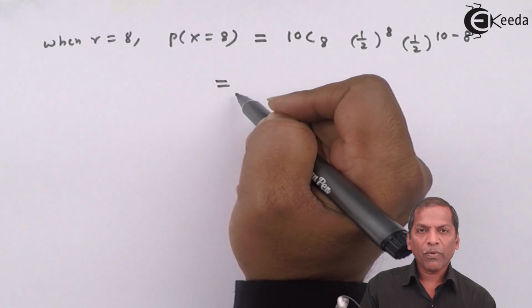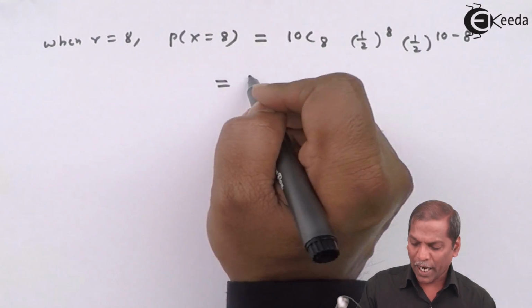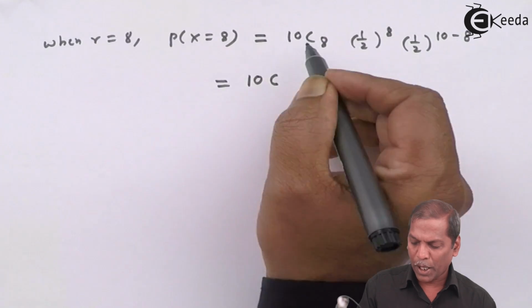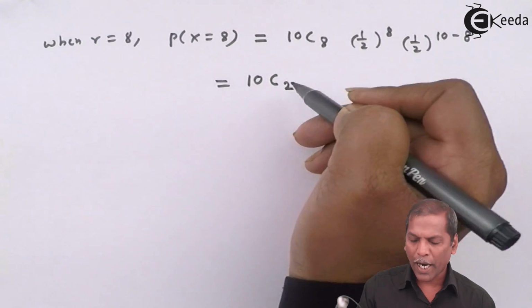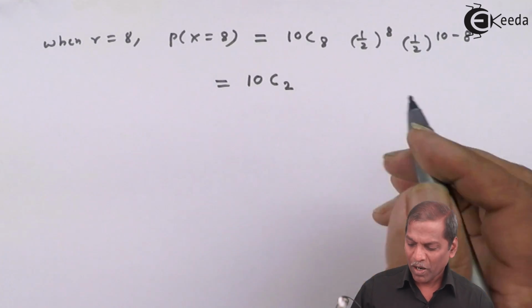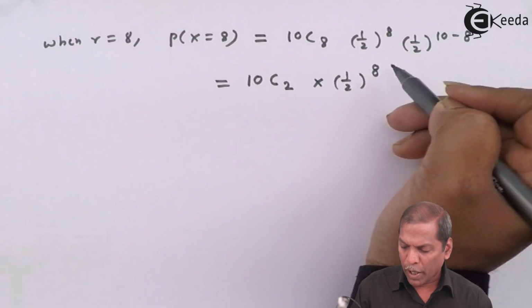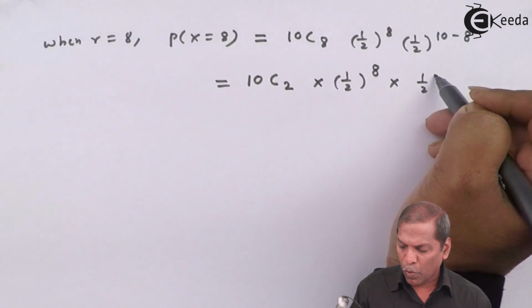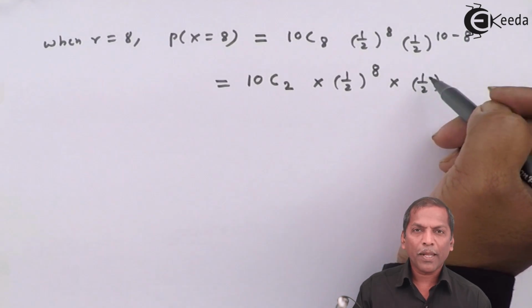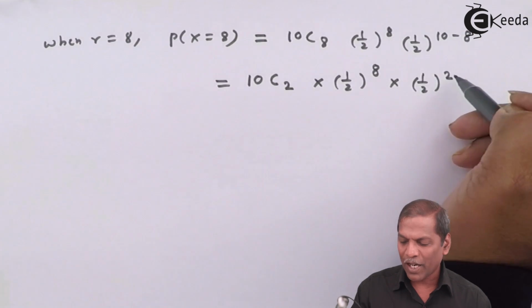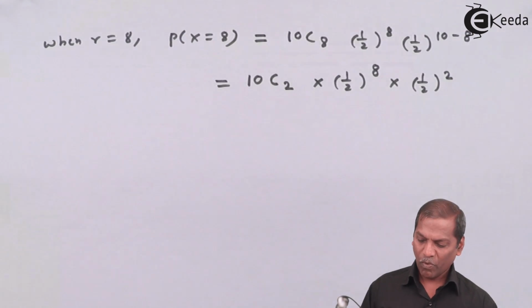So that is equal to, now 10c8 can be written as 10c 10 minus 8, so that gives 2, into 1 upon 2 raised 8 into 1 upon 2 raised 10 minus 8, which gives 2.